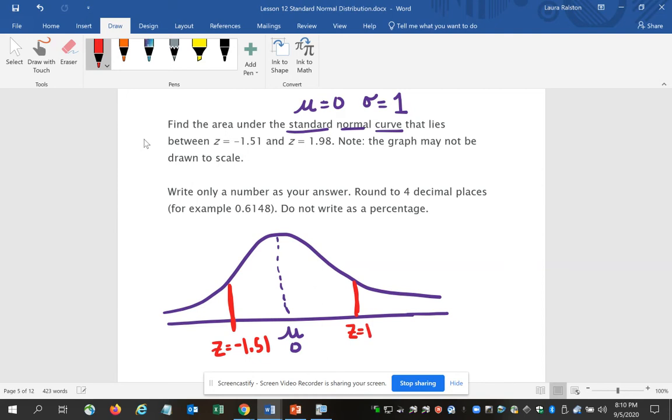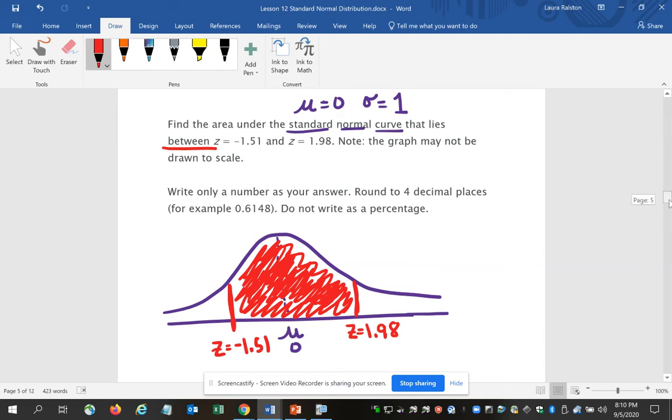So z is 1.98. They went to using z's instead of a's and b's. And it says we want the area between those two numbers. So in terms of the shaded region, it would be this one right here. So again, it's a between.